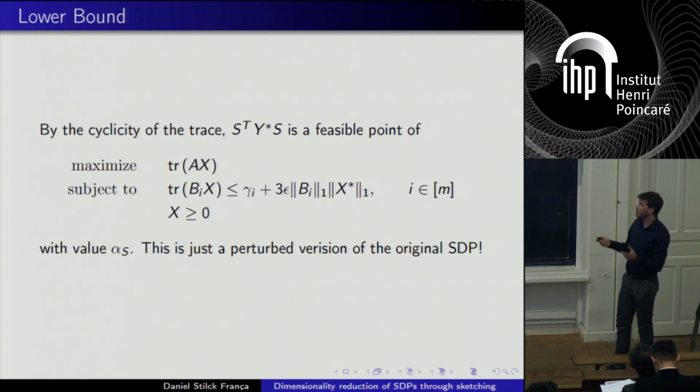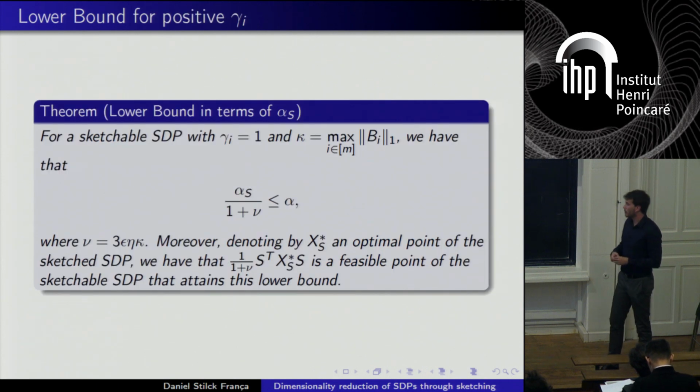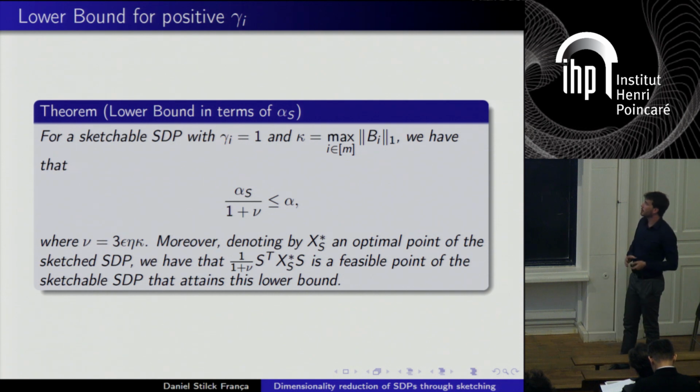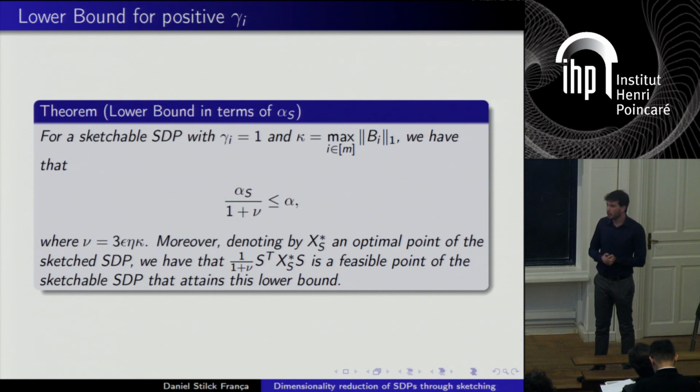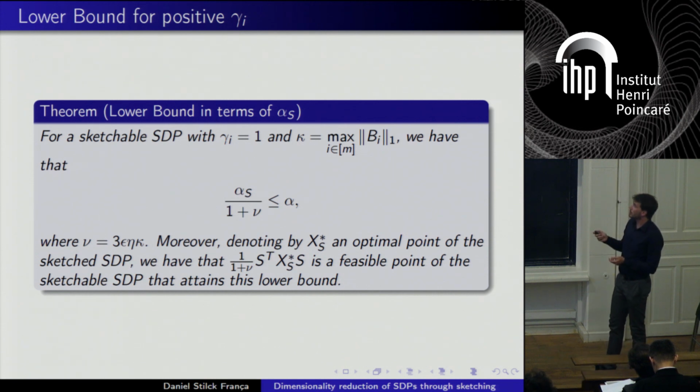Okay? And then we have a continuity bound for general SDPs, which you can find in our paper. However, I must say it's quite messy, so I'll just comment on what you get for a particularly nice case in which you even get a feasible point of your original problem, which attains this lower bound. So what is this very nice case in which we can say a little bit more? It's the case in which all the constraints are just 1.